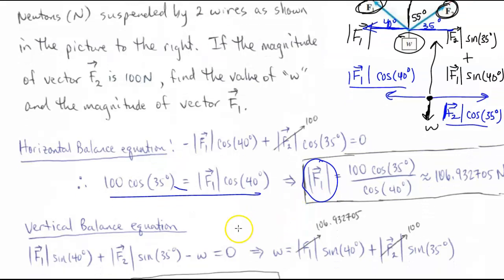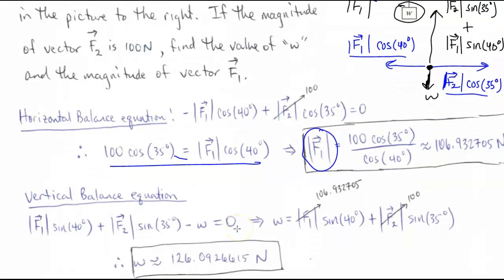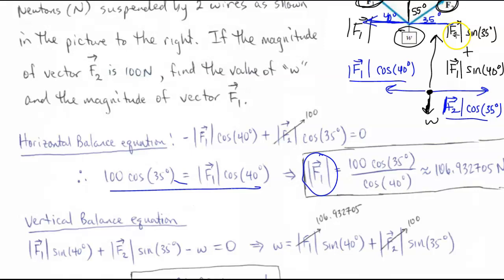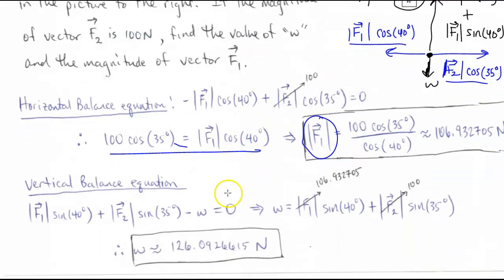Now, for the vertical balance equation, I take the sum of these two forces here, what's going vertically, both contributing from force F1 and F2, and I know that has to be equal to the weight itself.